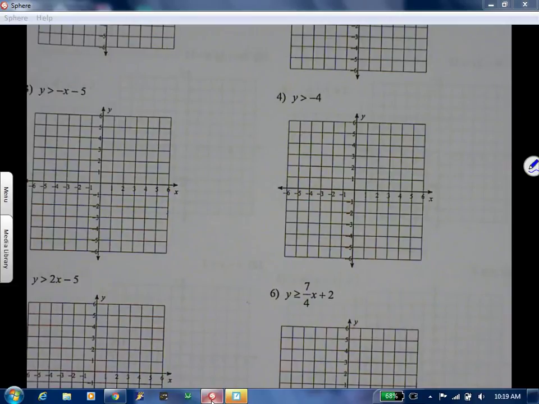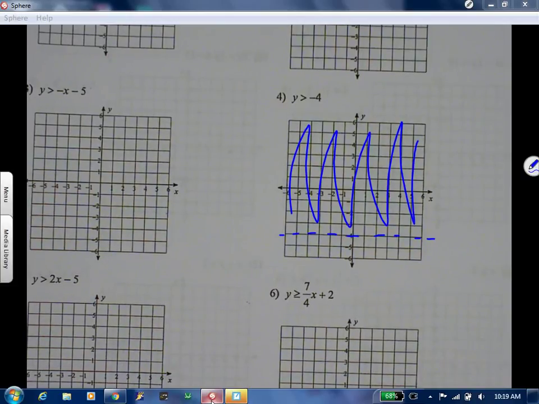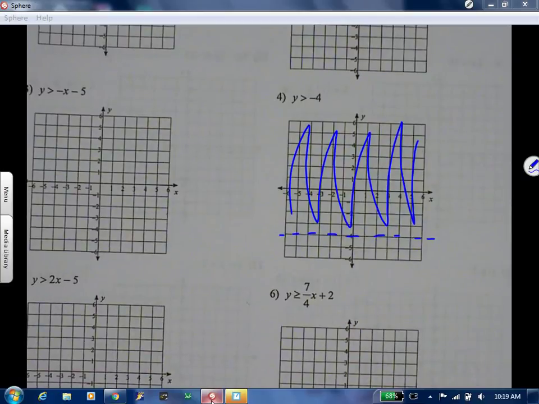Solid or dashed? Dashed. So we have a dashed line down there at -4. Y is greater than it. So we're going up. So that's all you do with that one.